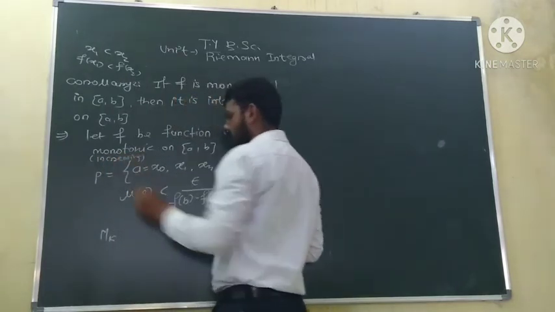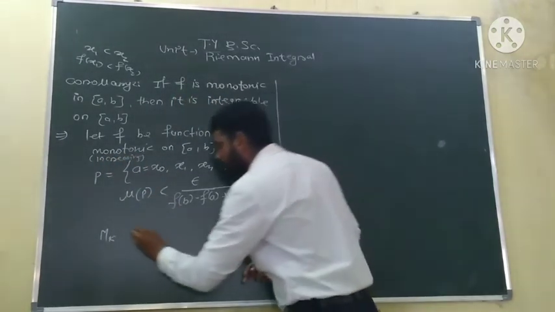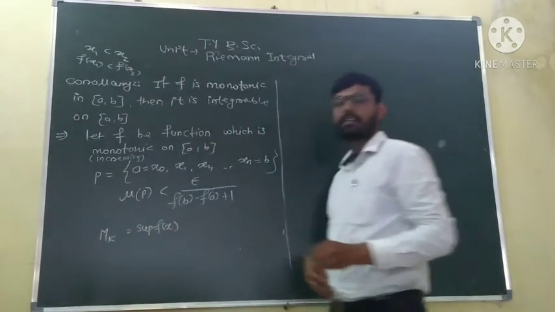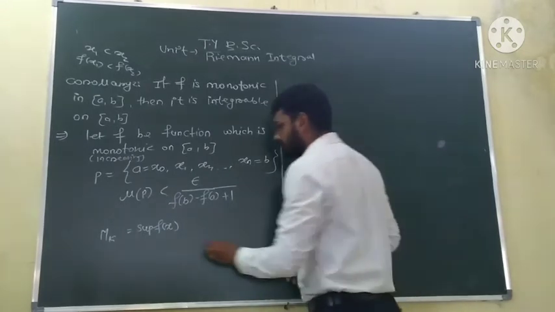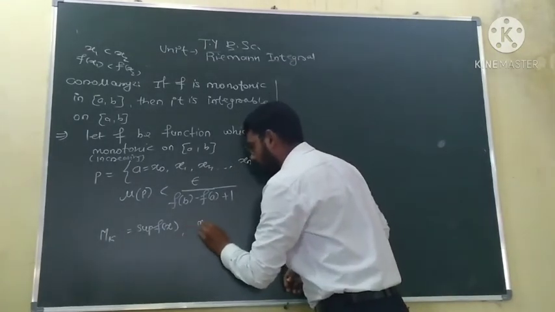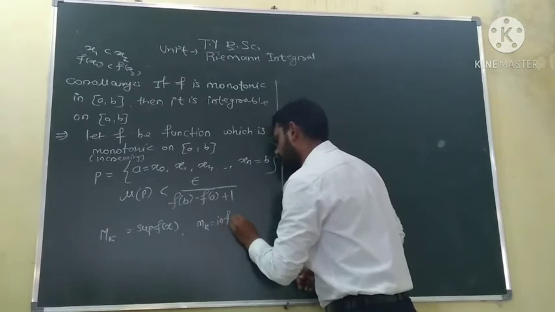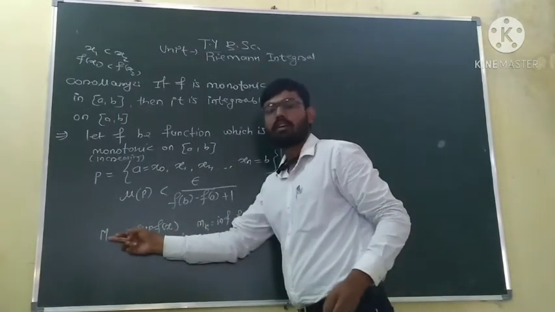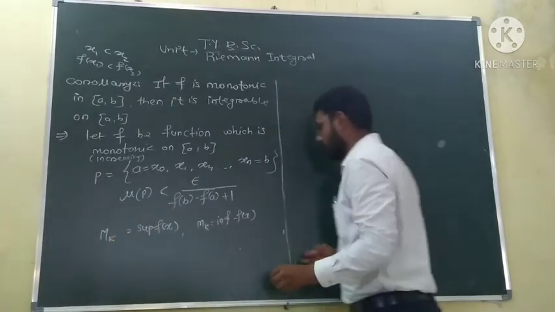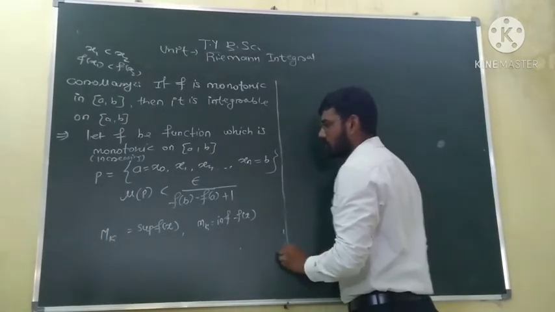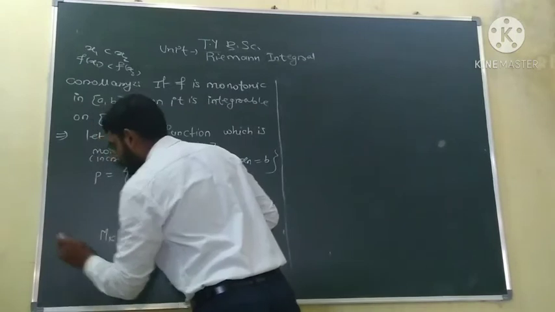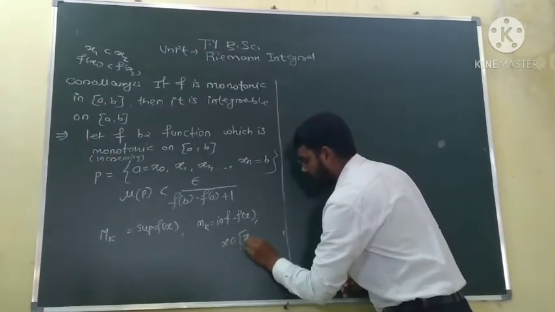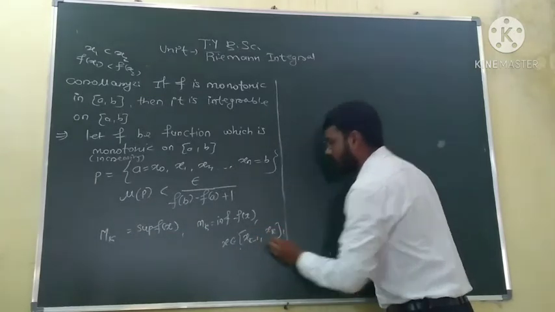So Mk is the supremum of f of x and small mk is equal to the infimum of f of x, where x belongs to the kth subinterval, that is, x belongs to [xk minus 1, xk].